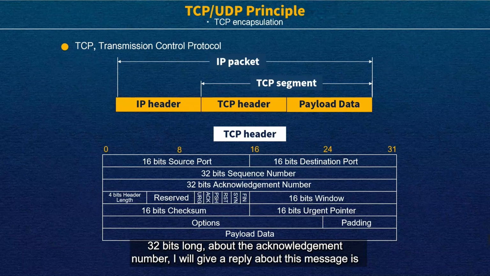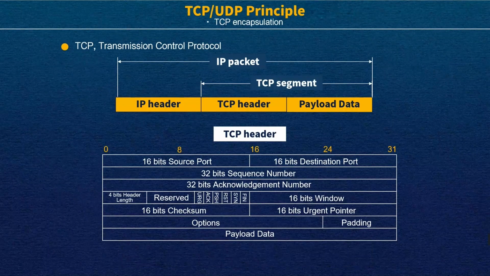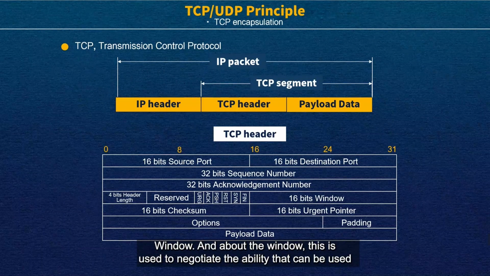I will give a reply on whether this message is correct or not. And how to do the process, I will talk about later. And the next part, maybe we can skip the first 4 bits, the header length, and the reserved field. We have a very typical one, the 16-bit window.